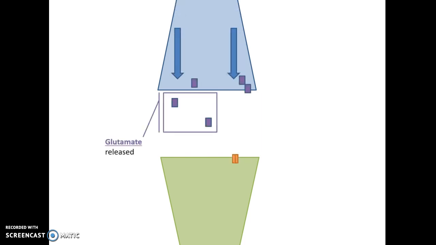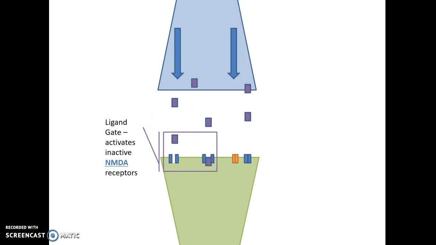So as this new information comes in, we see that glutamate is going to be released from a neuron into an area where we are going to learn how to walk on ice. So you see this glutamate coming in. Now, the receiving neuron has a bunch of ligand gates with receptors called NMDA receptors.